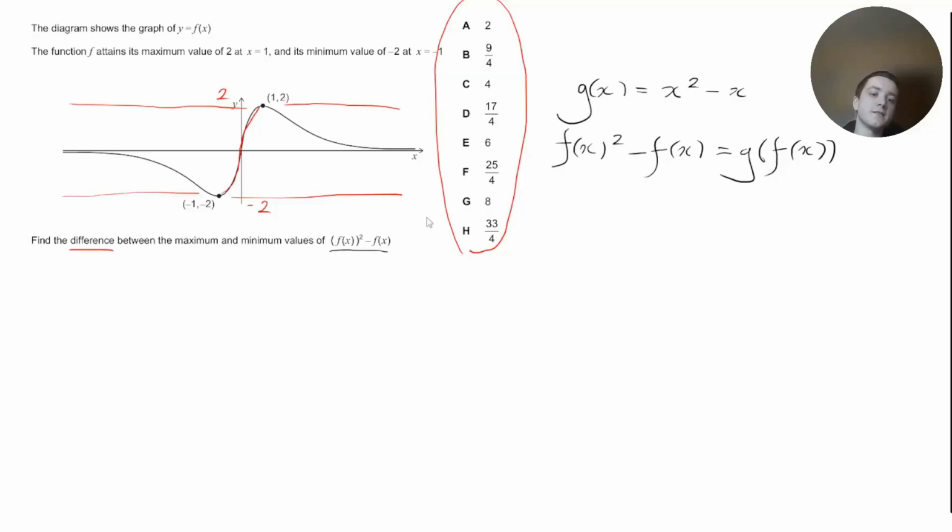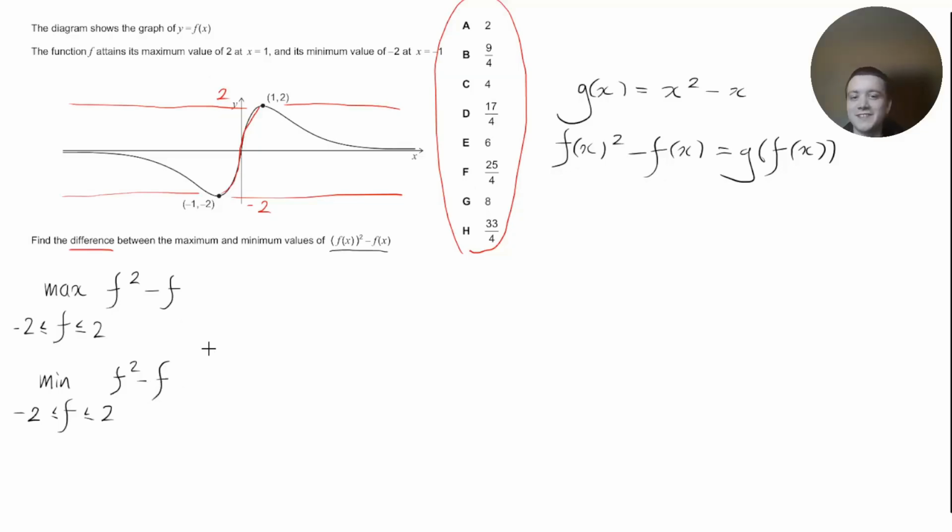So what that means is instead of maximizing over x, we can try to maximize over f. So the maximum we're looking for is going to be the maximum of f squared minus f in the range -2 to 2. And similarly for the minimum. I'll just write that down.